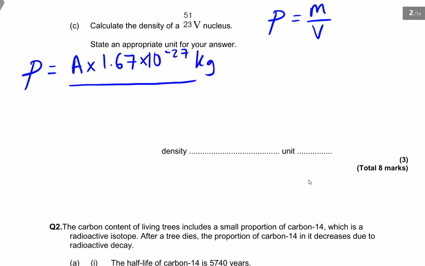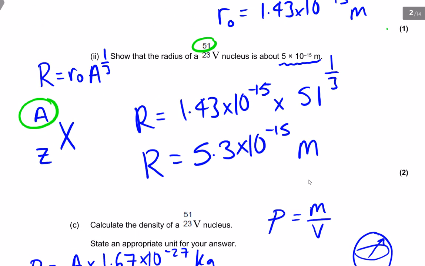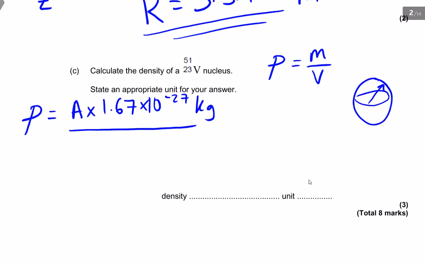Okay. Our volume is going to be the volume of a sphere. We're going to assume it's a sphere of radius r. We've just worked out the radius here, so we're going to be using that. The volume of a sphere is 4/3 pi r cubed.